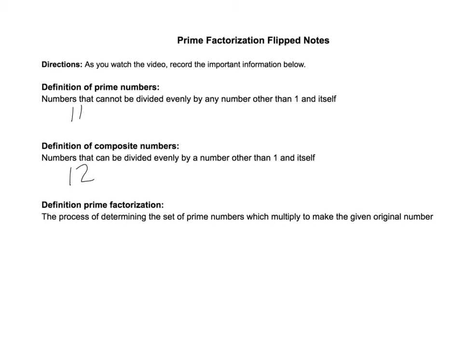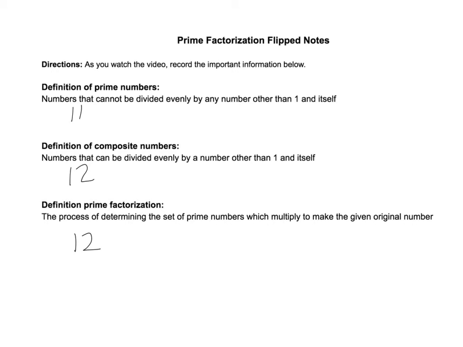A prime factorization is a process of determining the set of prime numbers that multiply together to make the original number. Okay, so we're looking for a set of numbers that are all prime, and when you multiply them together, they give you the original number. So for instance, we might have the number 12, okay?